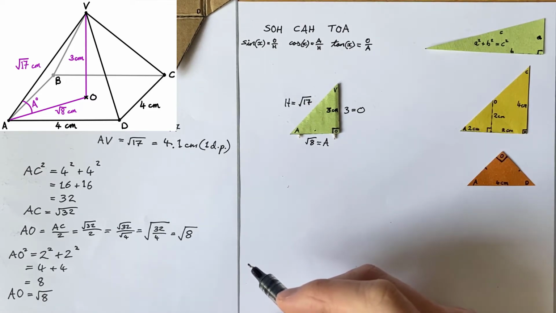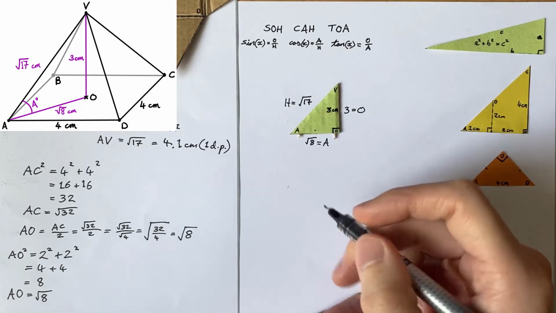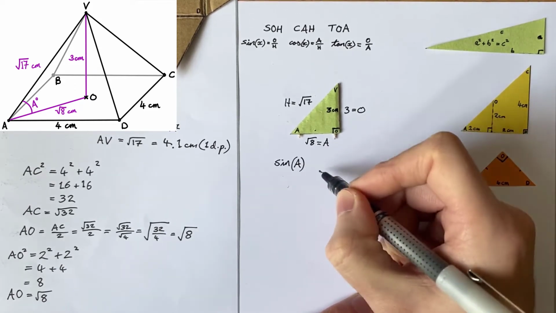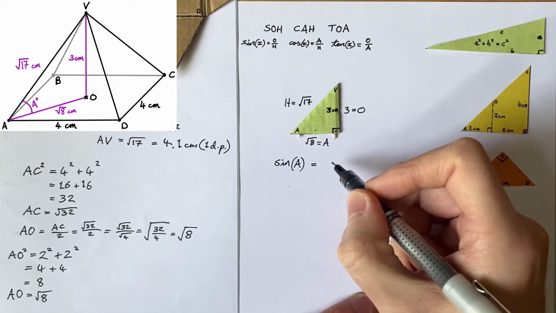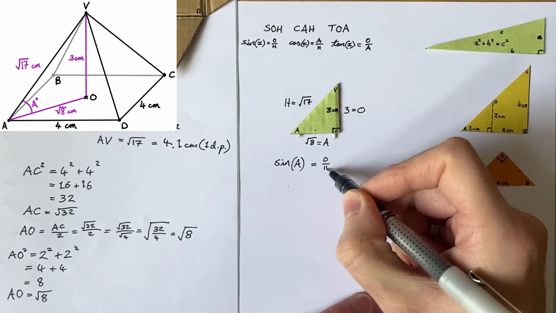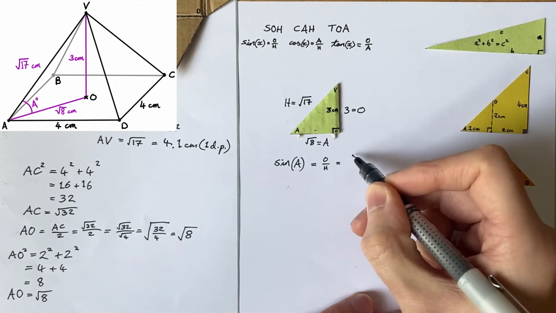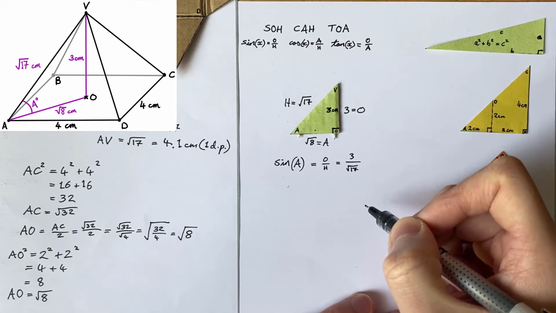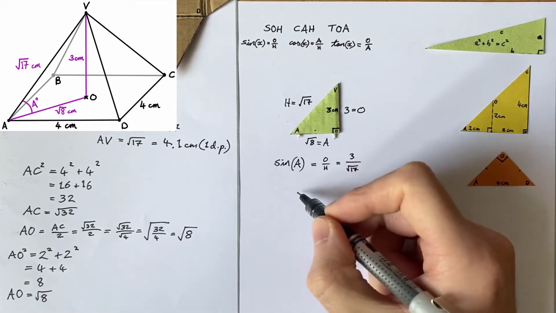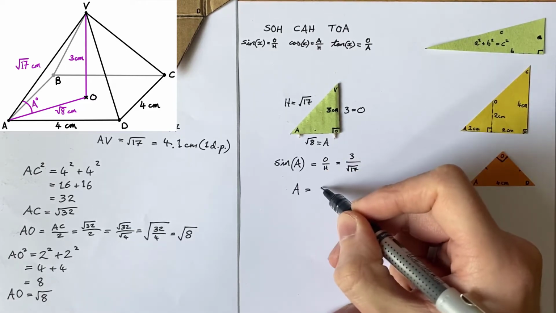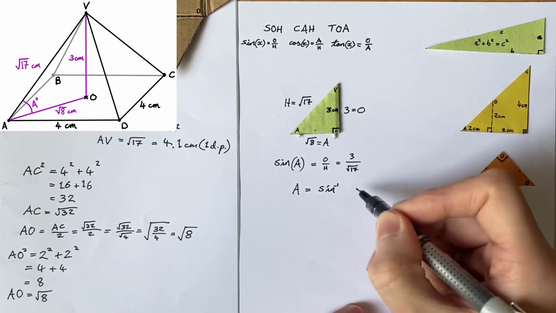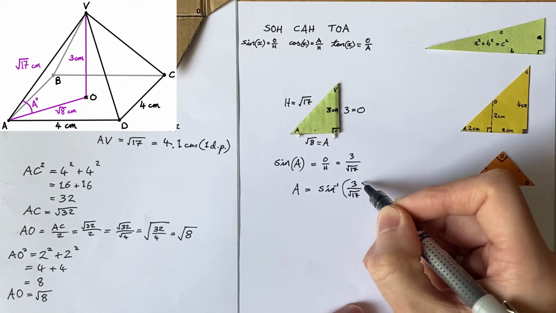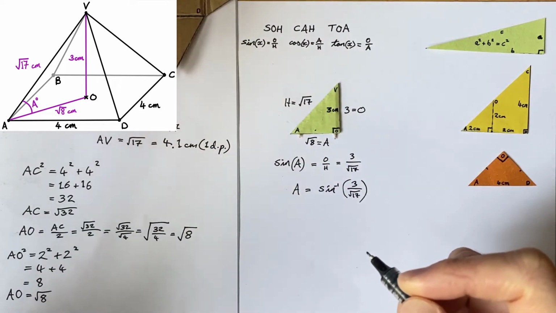I will start off with sine. Sine of A, our angle that we don't know, is equal to the opposite divided by the hypotenuse, which is equal, in this case, to 3 divided by the square root of 17. To find out what A on its own is equal to, I use the inverse function of sine on that fraction, 3 over square root of 17.